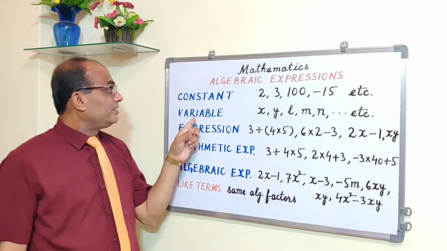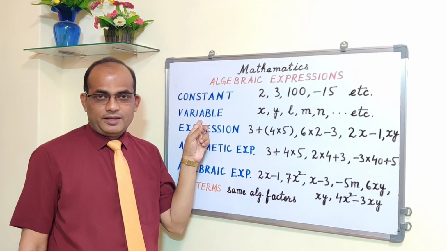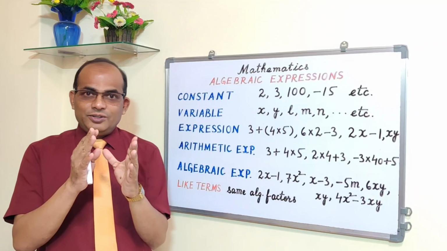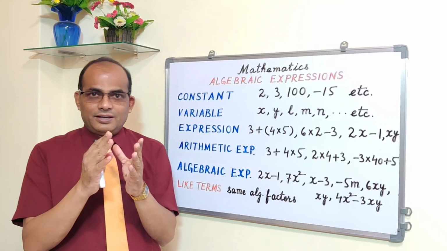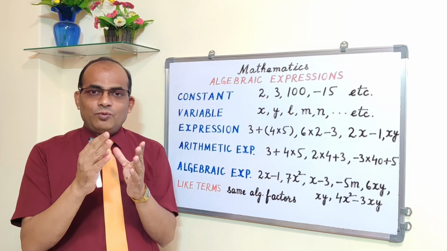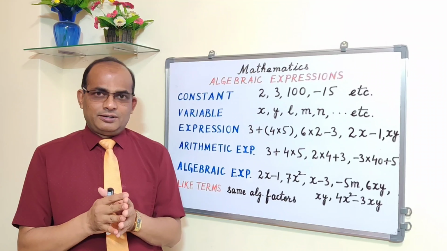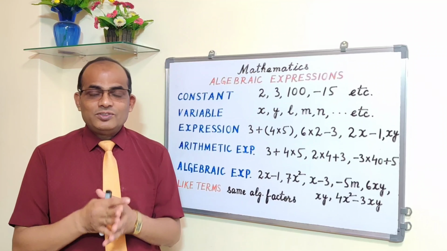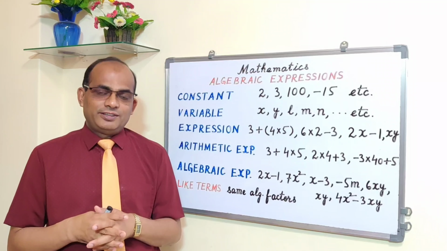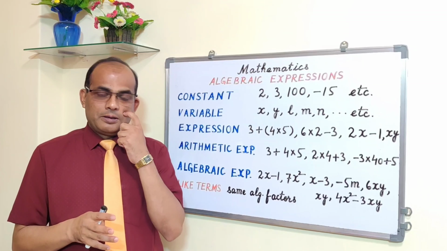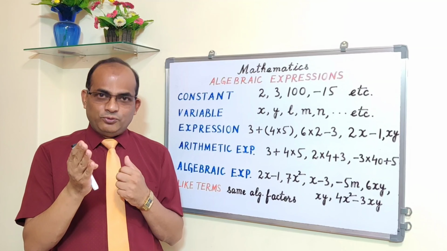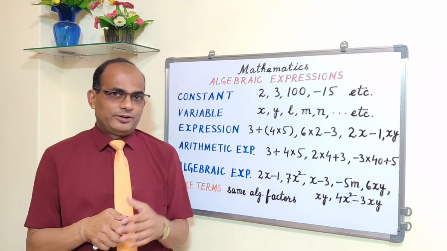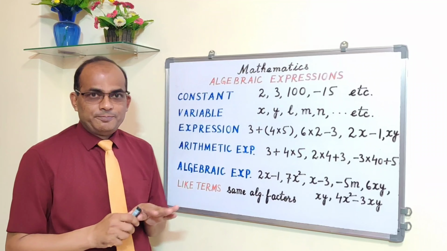The next important term is variable. I have seen sometimes children don't understand which one is a variable in the given expression and which one is a constant. And of course the coefficient also, which I'll tell you later on. So first, variable.